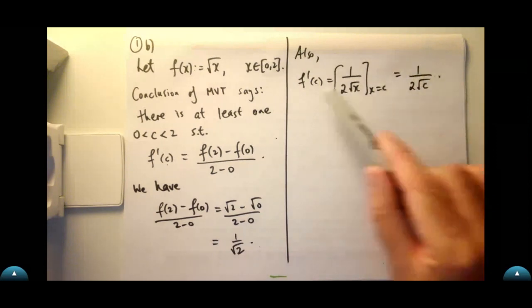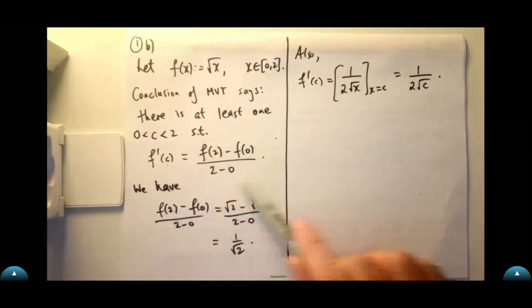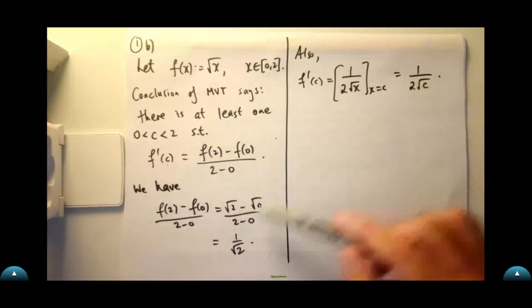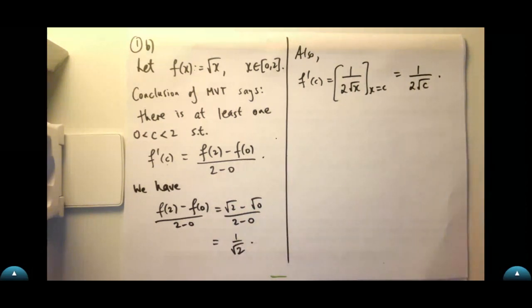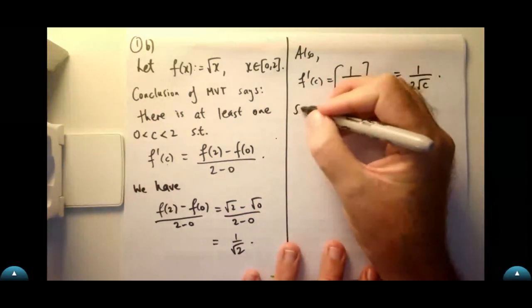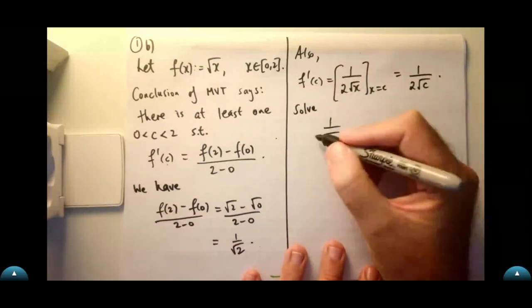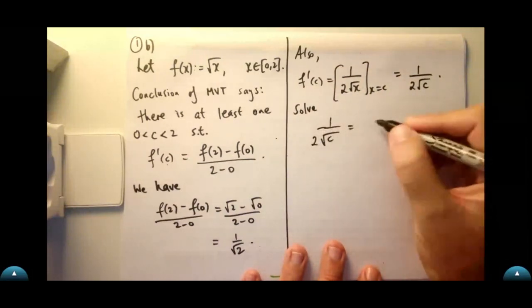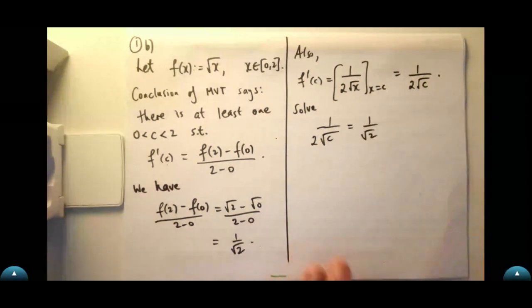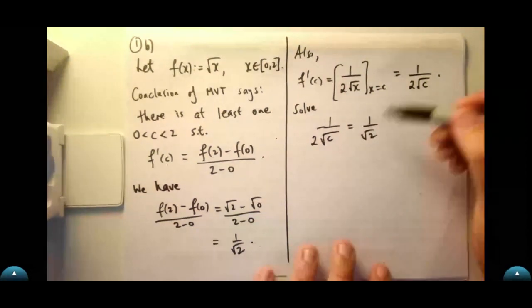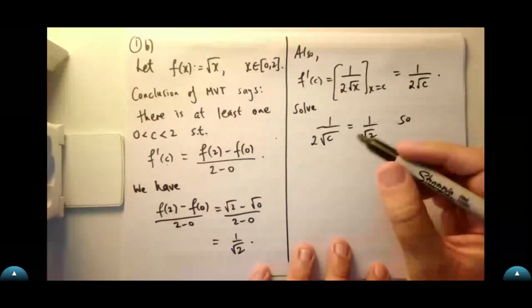Now, because we're trying to solve this equation for c, we let this equal this and simplify. So we can rearrange.